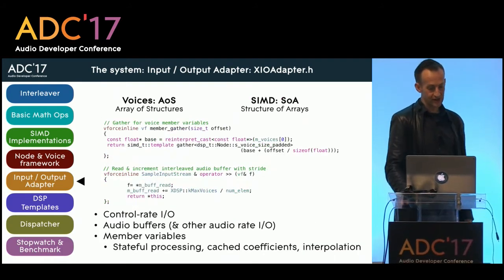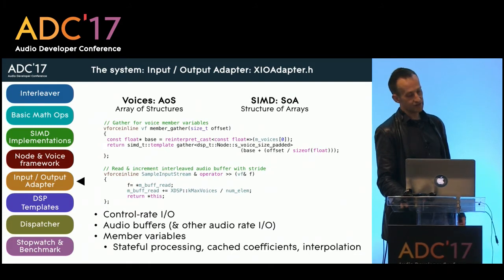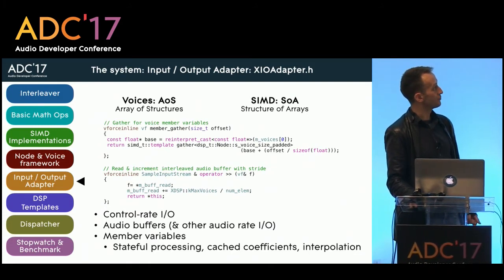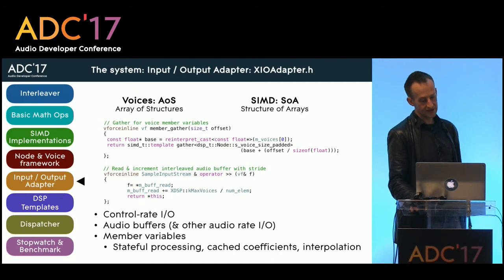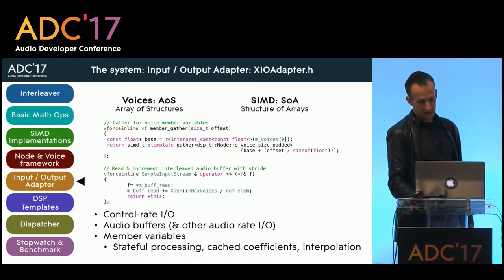And what this is really doing is taking the voices, which are, if you like, an array of structures, and transforming that data into the structure of arrays needed by the various vector processors, and that will handle all of those things.